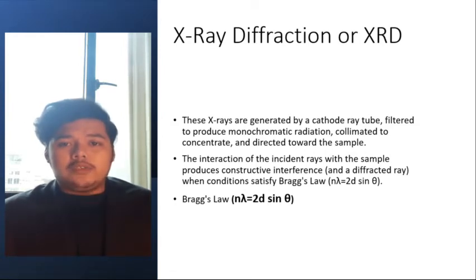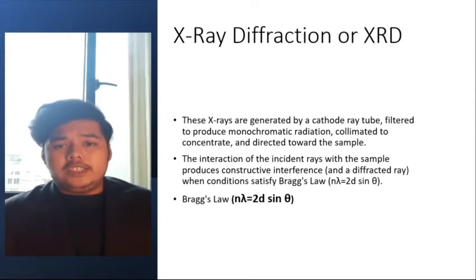The interaction of the incident ray with the sample produces constructive interference and a diffracted ray when the conditions satisfy Bragg's law. These diffracted X-rays are detected, processed, and counted by scanning the sample through a range of two theta angles.